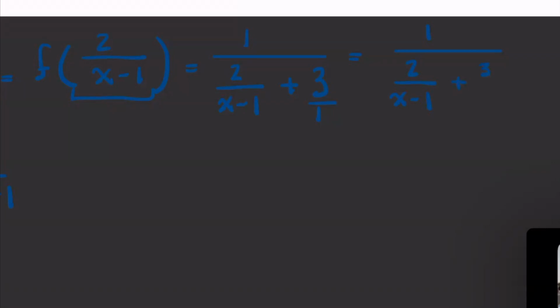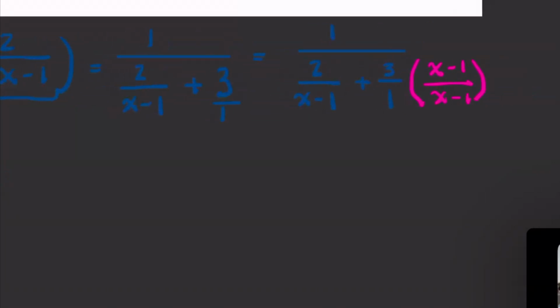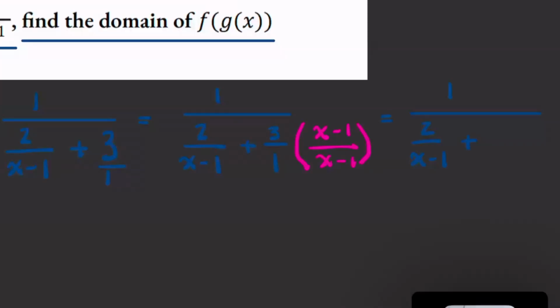However, plus 3 over 1, I am going to multiply top and bottom by x minus 1. This will give me 1 over. Notice I haven't done anything to the numerator. All of the work is done on the bottom. x minus 1 plus 3 times this. I honestly like to leave it in this form. I'm not going to combine it, over x minus 1.